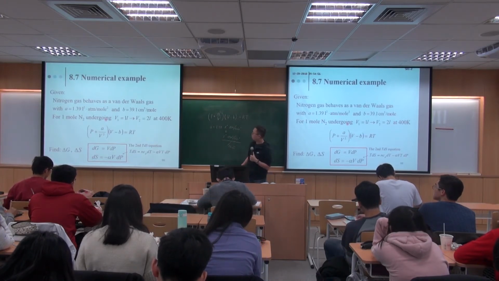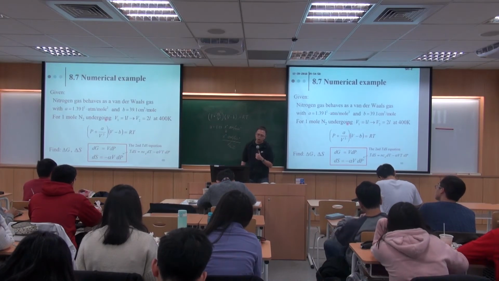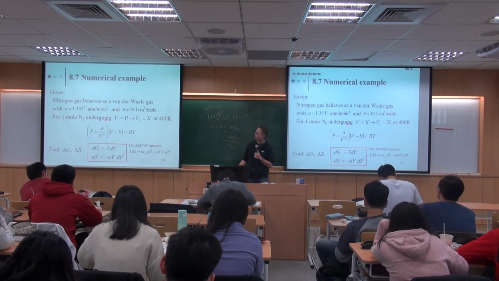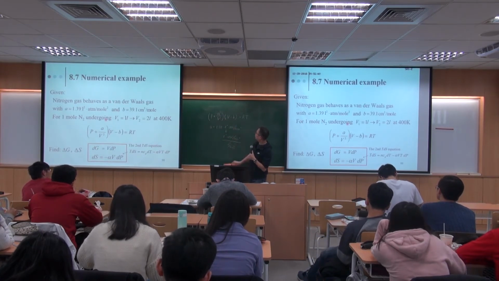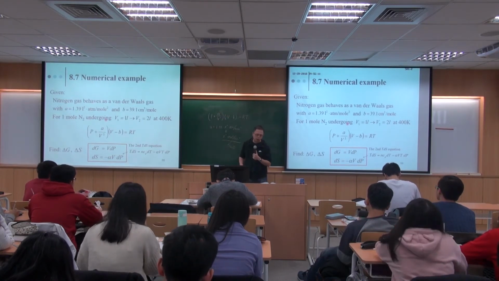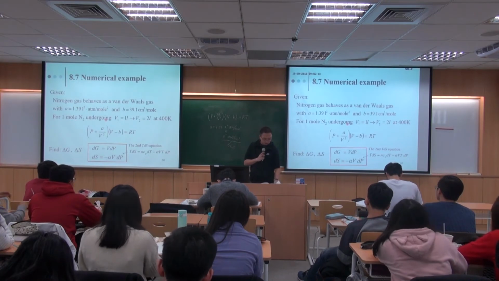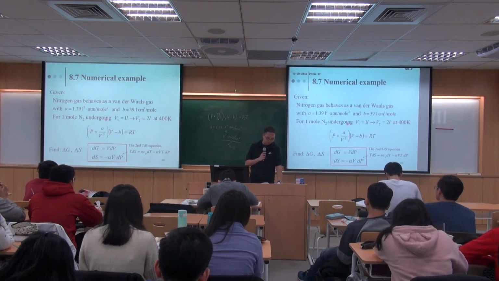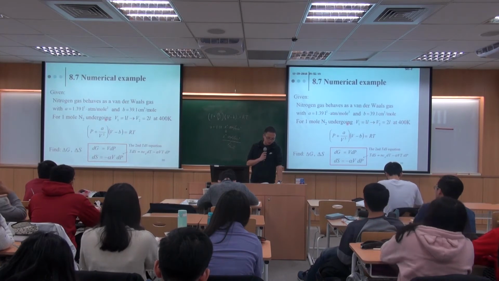So if the problem gives you A as a unit of liter square atm per mole square, then I believe you can only place A over here. So it's not A squared. But unfortunately, for the rest of the calculations in this textbook, it continues to use A squared, even for those integrations.